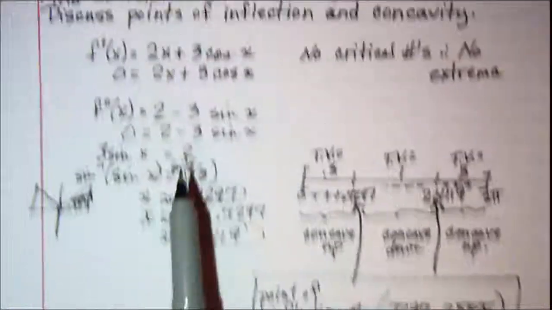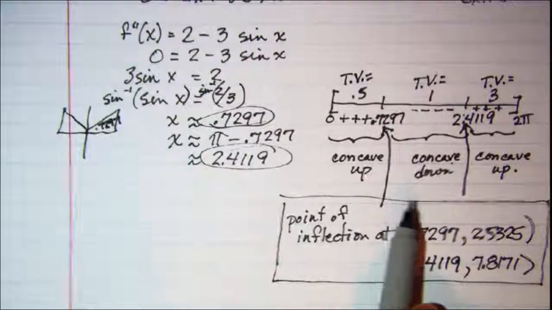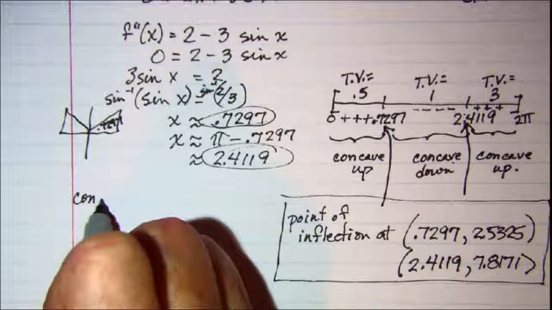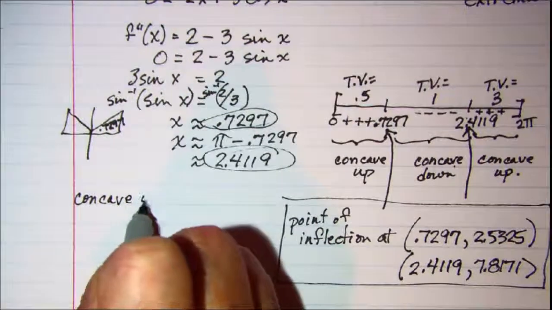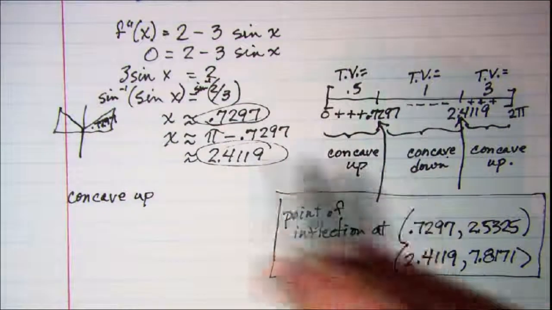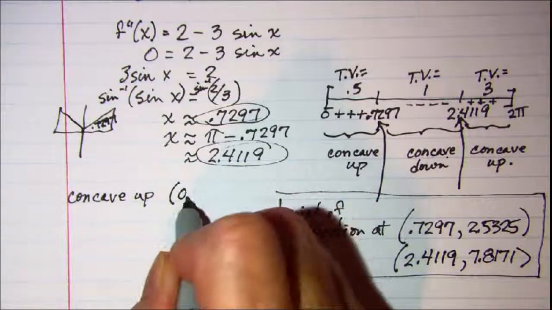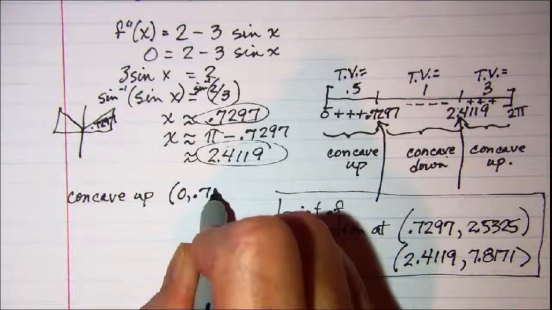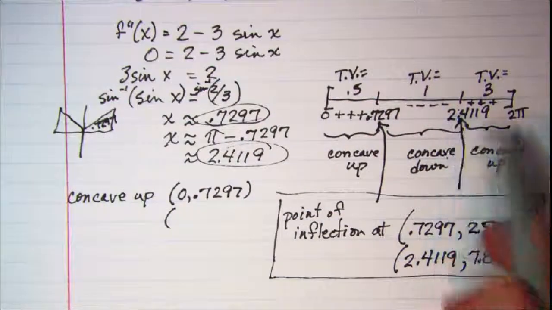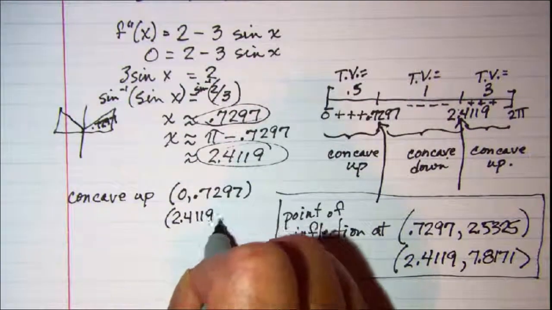And we're also asked to discuss the concavity. I kind of did that here, but I'll go ahead and list that. Concave up from 0 to 0.7297, and also from 2.4119 to 2 pi.